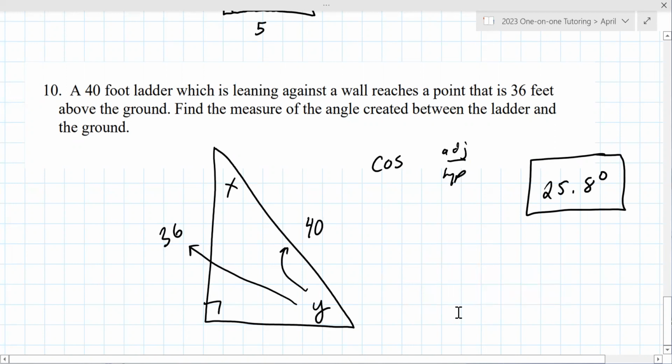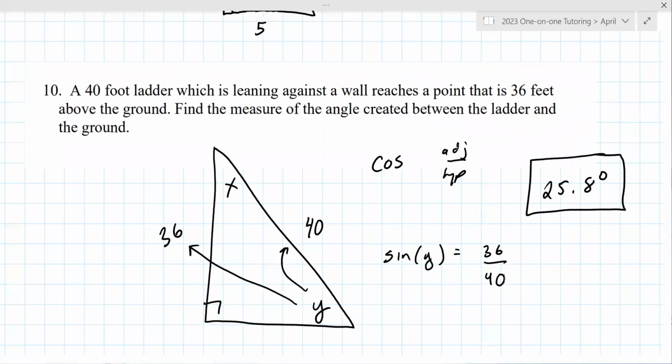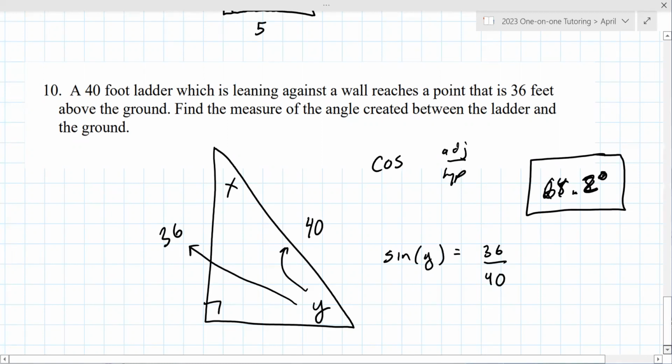It'll be sine. Sine y equals 36 over 40. 64 degrees, 64.2 degrees, actually. Looking good there. Okay, all right. So let's just review that part.